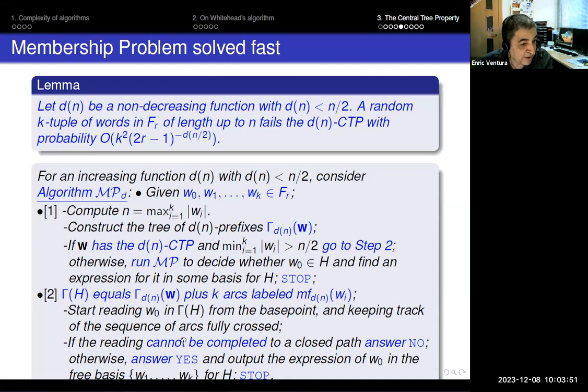You keep checking pieces of the consecutive segments of your input, and check whether it can be read as a closed path at the base point. If not, you are not in H, and if yes, keep track of the sequence of full arcs crossed by W0, and this is going to give you the expression of W0 in terms of the free basis of H given by the original generators.